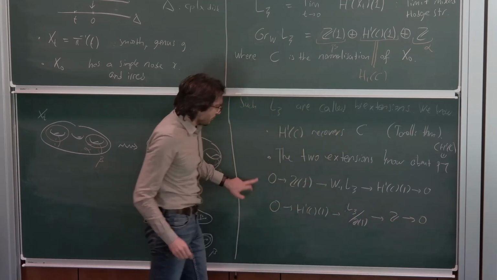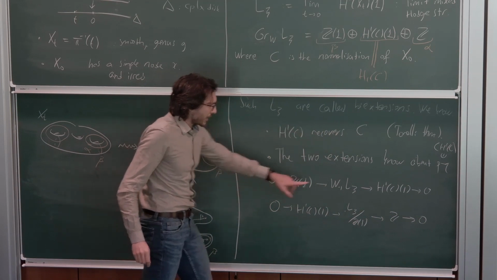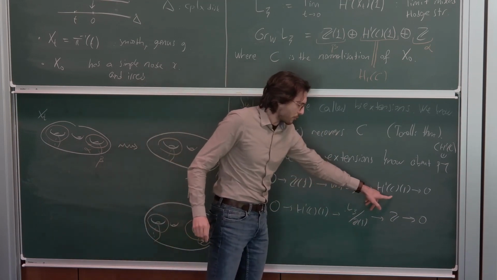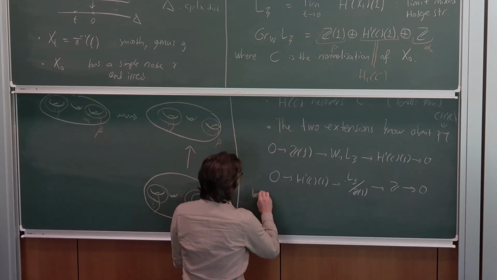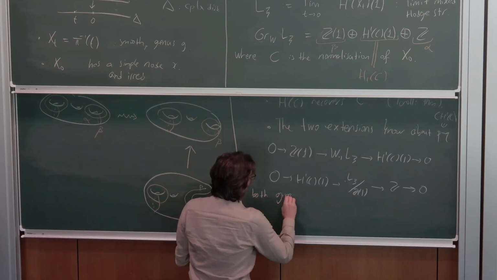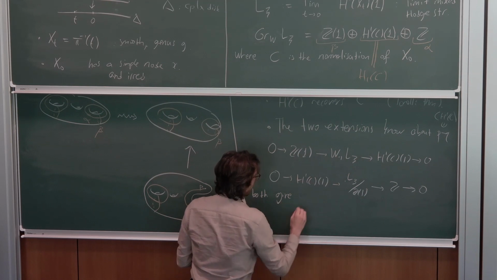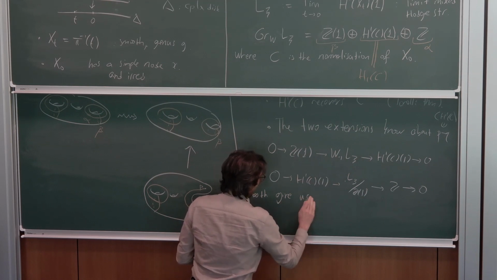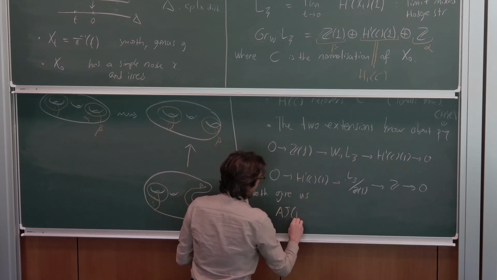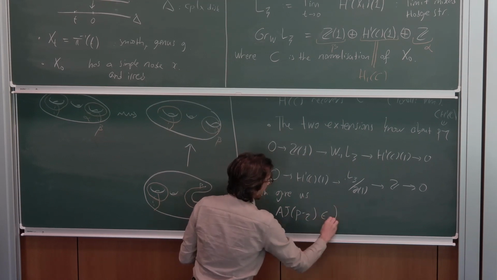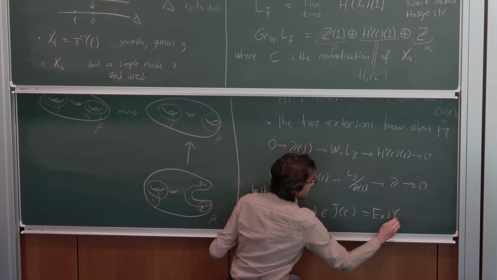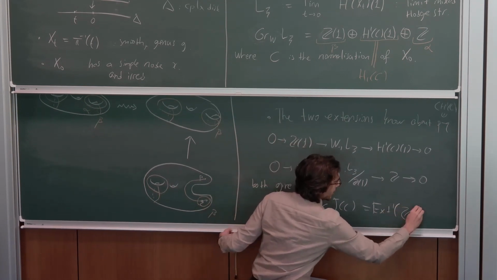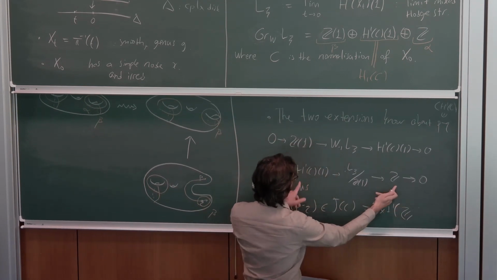So these two are simple extensions of H1, and both of them give me the Abel-Jacobi image of P minus Q. So the Jacobian of the curve can also be identified with the extensions.